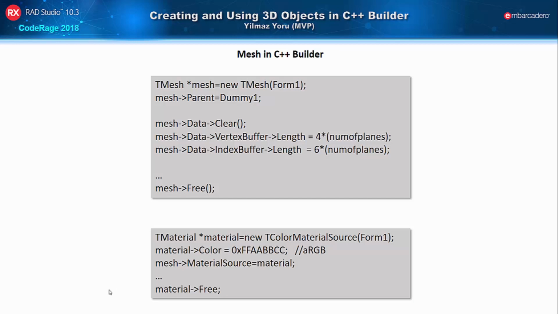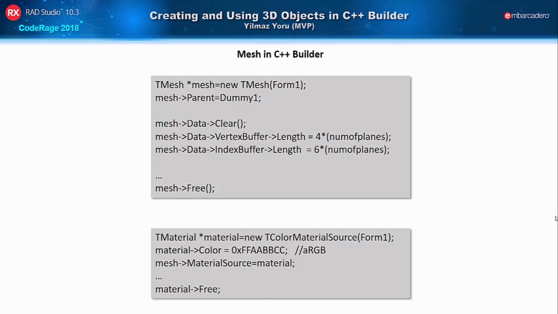Also, you can use a material, TColorMaterialSource, LightMaterialSource, or TextureMaterialSource, and then you can change the color of this material, and you define the mesh's material source as equal to this material. If you finish using this 3D object and material, you can free the material like this.